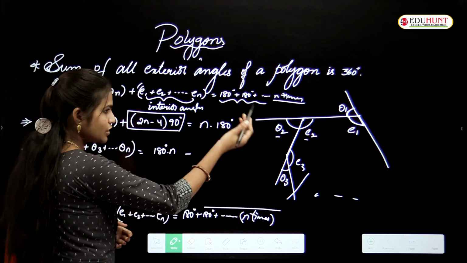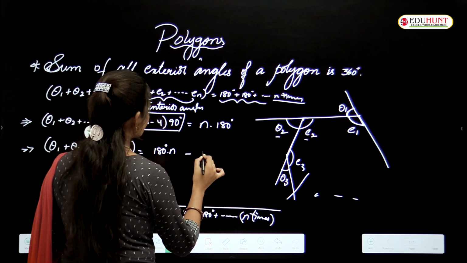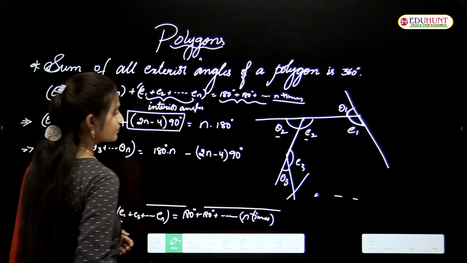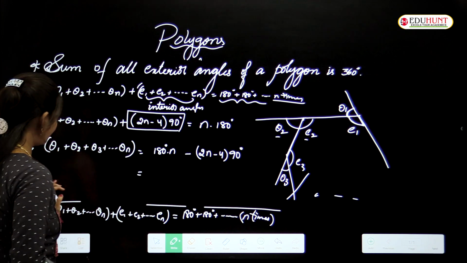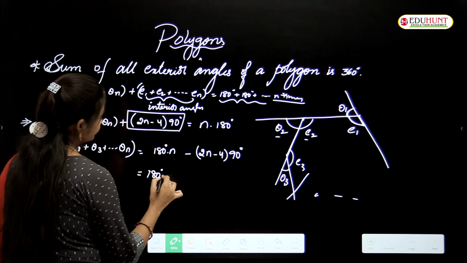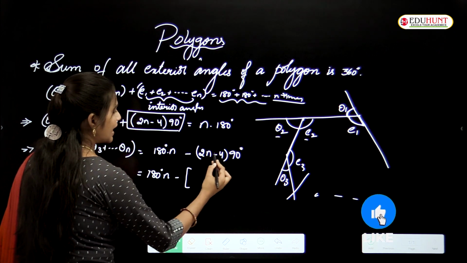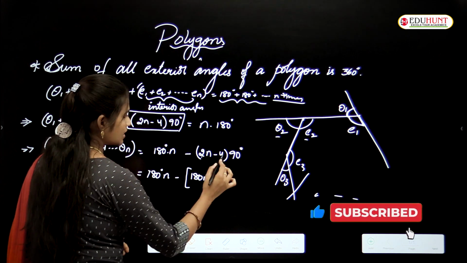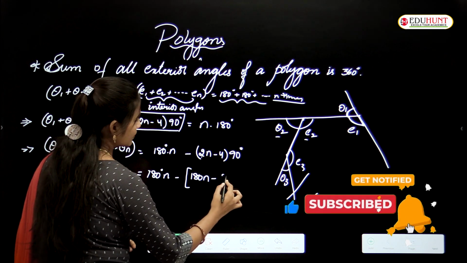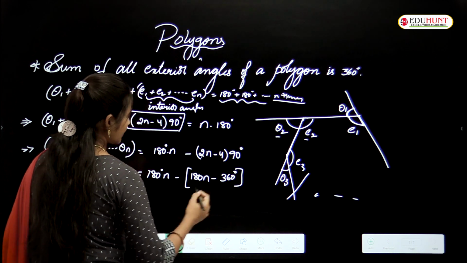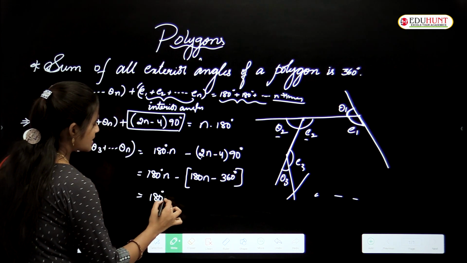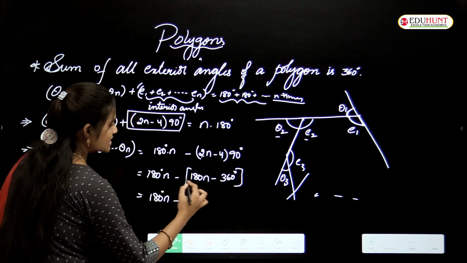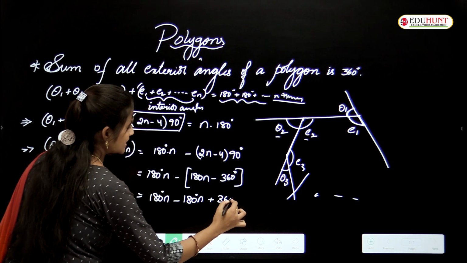This term we transpose to the RHS, and we will get minus (2n minus 4) into 90 degrees, which is equal to 180n minus 90 into 2n, that is 180n, and minus into minus, or else minus 90 into 4 is equal to 360 degrees. Which is equal to 180n, minus into plus is minus 180n, minus into minus is plus 360 degrees.